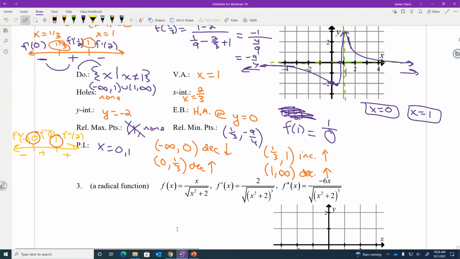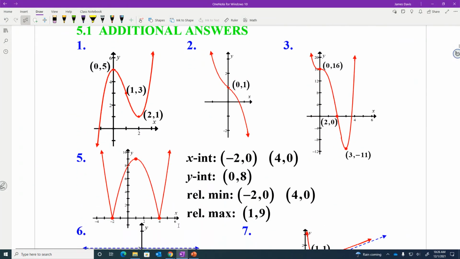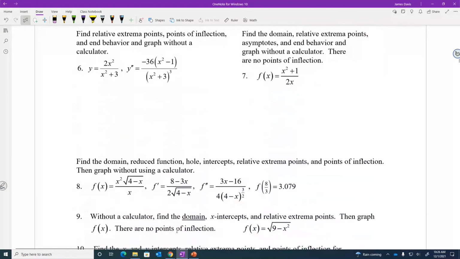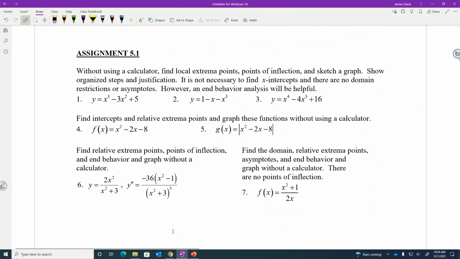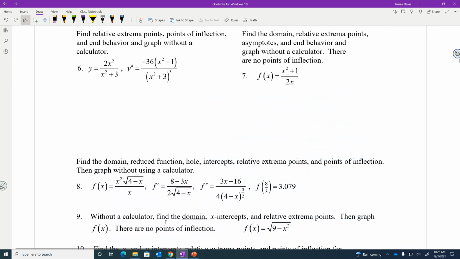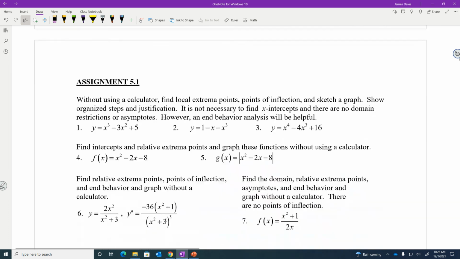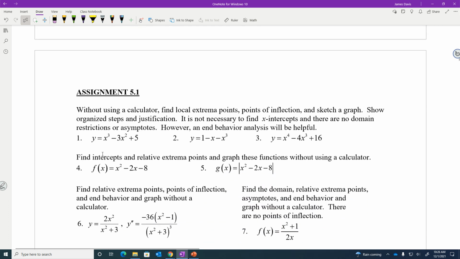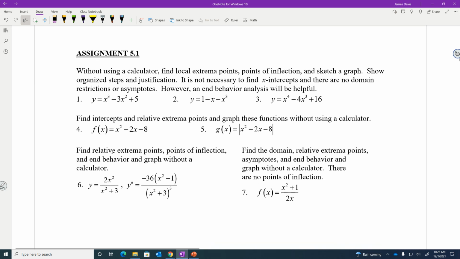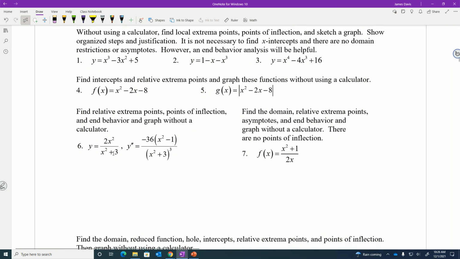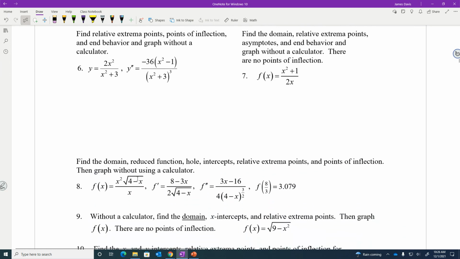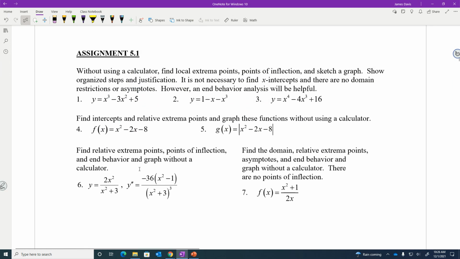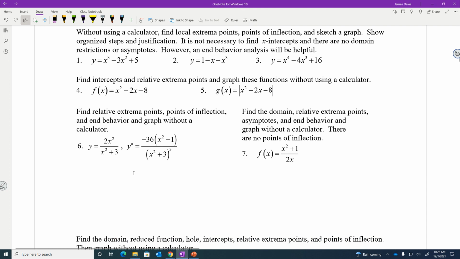I'm not gonna have time to do that one. For some homework problems, try this. Well, look at these. It doesn't give you really the same type of problems we did for whatever reason. It doesn't give you the first and second derivative, but I think you can find it relatively easily. Number 8 is a radical though. I think number 6 might be the most similar.